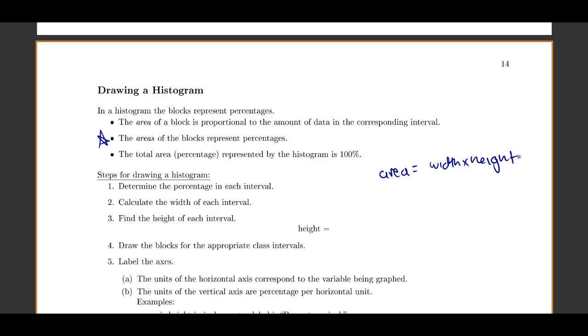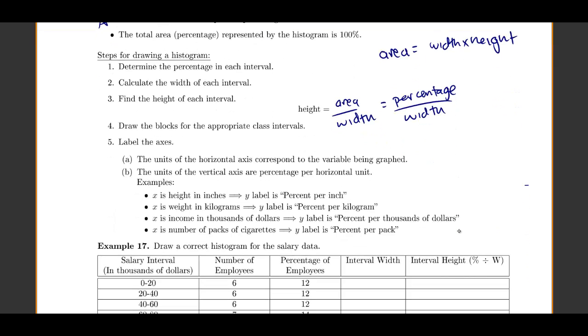If I was to rearrange that equation, then height could be equal to the area divided by width. Technically, I'm just dividing both sides of the equation by width. Now, if I was to change this into our statistical terms, the area represents the percentage. So it's just the percentage divided by the width. So we find the height for each one. We're going to draw the blocks for our appropriate class intervals and then label the axes. And we'll come back and talk about how to do that.